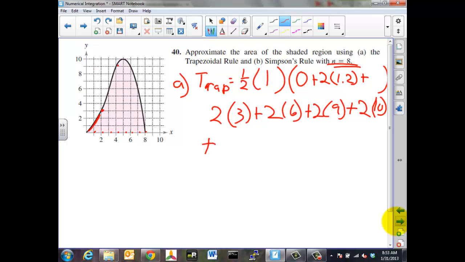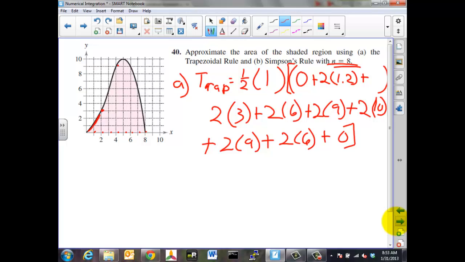Plus, the next one looks like it's at 9 again. Plus, the next one looks like it's at 6. Plus, and the last one's at 0. Okay? And now it's just add up a bunch of numbers.